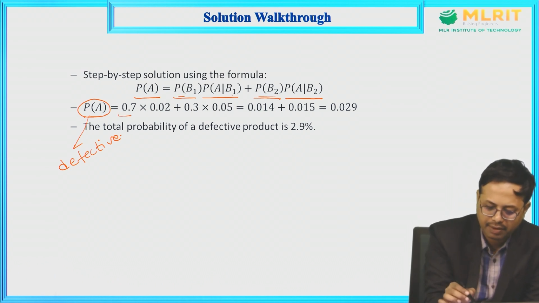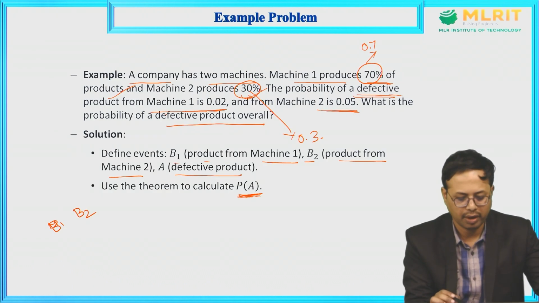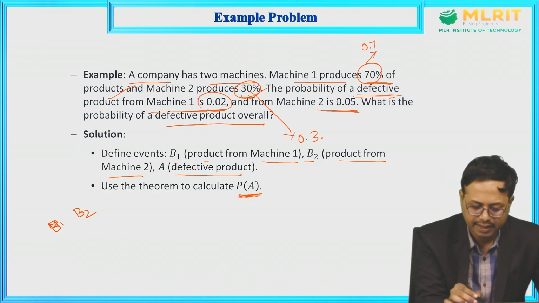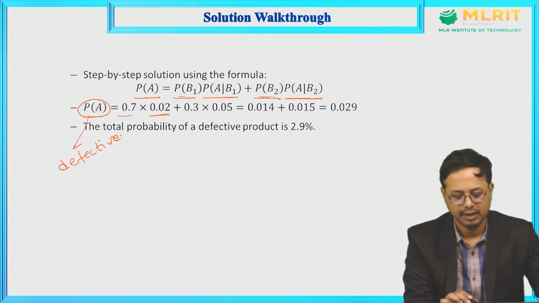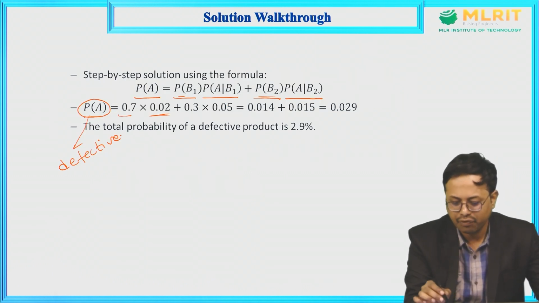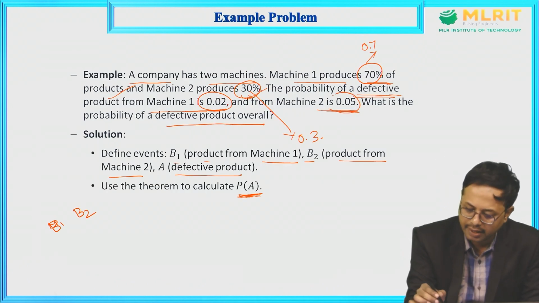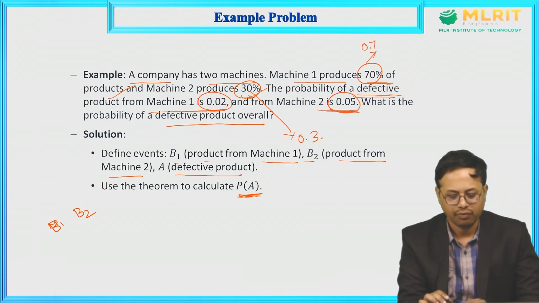Now P of A by B1, defective from machine 1, is 0.02. Now P of A by B2, defective from machine 2, is 0.05.